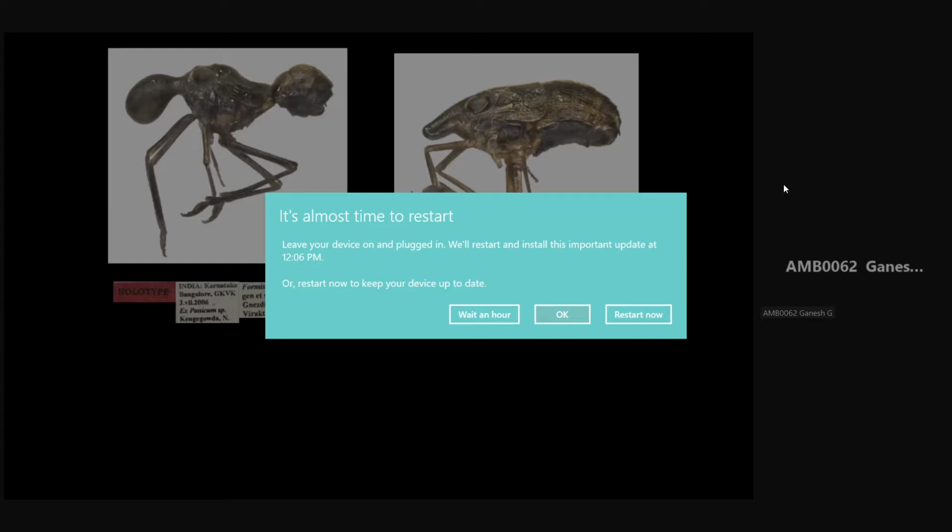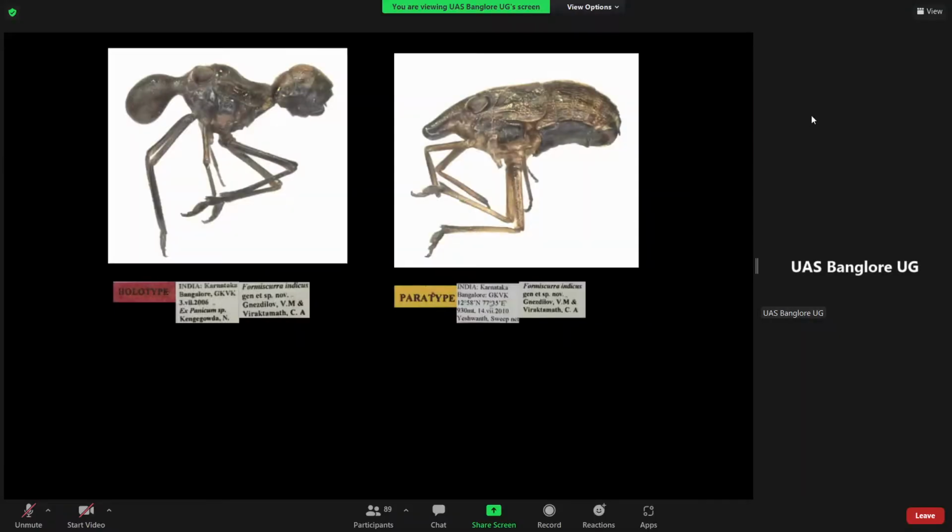Sir, Ganesh Ji. So Ganesh, if you are collecting 10 specimens, you are going to a place and you think it is a new species and you are describing it as a new species. Out of the 10 specimens, you cannot say they are all holotypes.